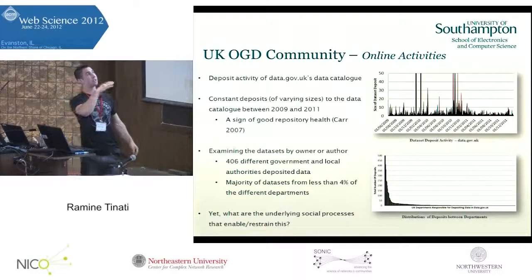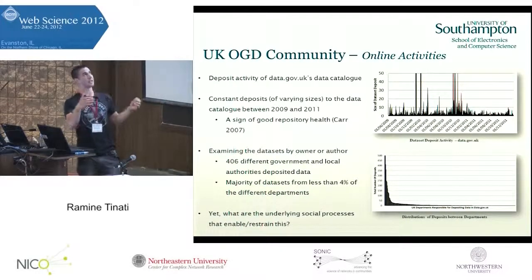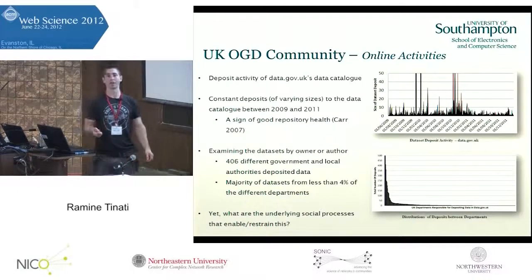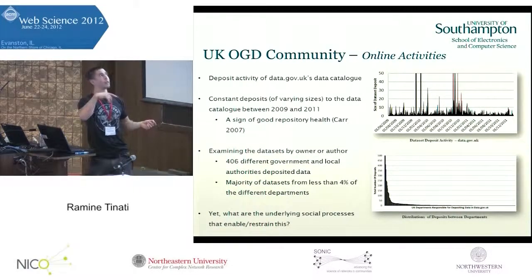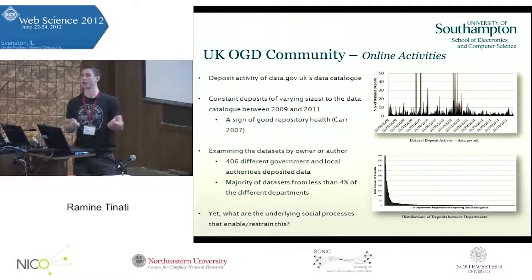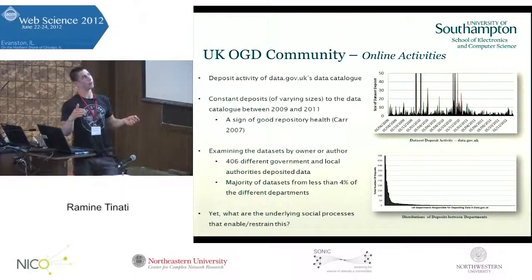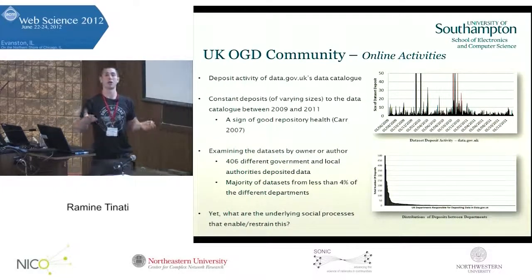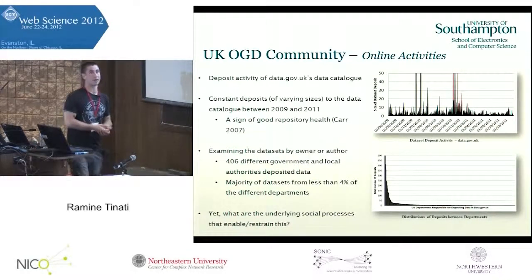And we can see a continuous stream of data being deposited, and we can see there is activity in there. This would probably point to a good sign of a healthy repository. But we do also see some fluctuation. We do see some massive spikes, and we don't really know what these correspond to. If you look at 2011, it looks like it's dropping off. But again, we don't know the context behind this. We don't know what's going on. So this is something we need to find out.